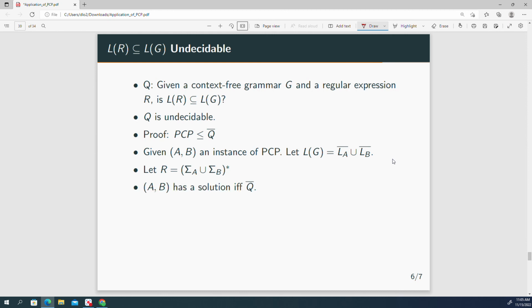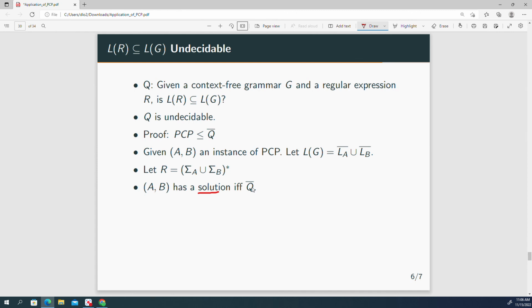Then we argue that if AB has a solution, then the answer to Q bar is yes, that means Q is no. Why?